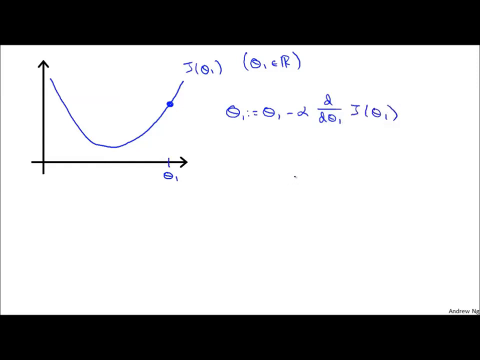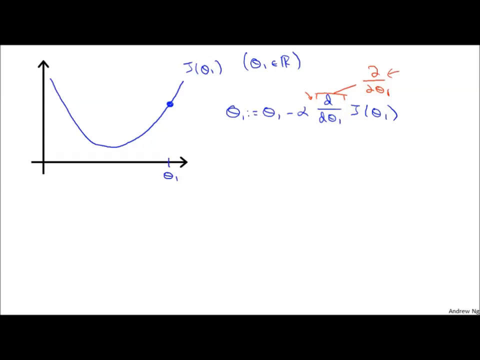And as an aside, if you're wondering why I changed the notation from these partial derivative symbols, and you don't know the difference between these partial derivative symbols and the d/d theta, don't worry about it. Technically, in mathematics, we call one a partial derivative and the other a derivative, depending on the number of parameters in the function J. But that's a mathematical technicality.